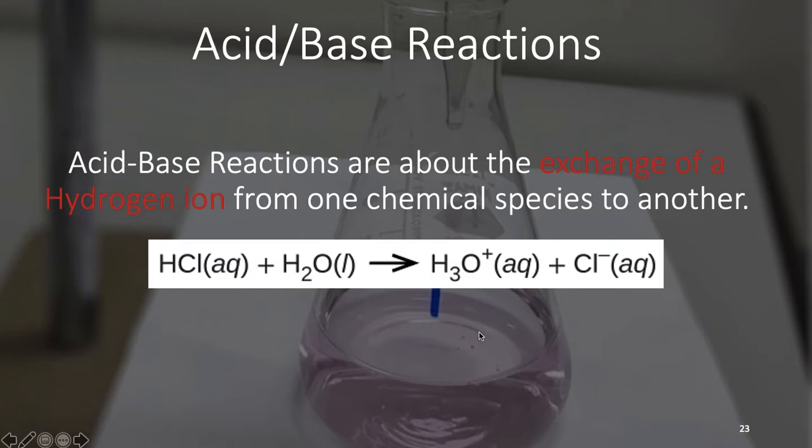You will have a formation of a salt, such as NaCl, and then water, and therefore you have complete neutralization of the acid and the base. That's why they're also called neutralization reactions.